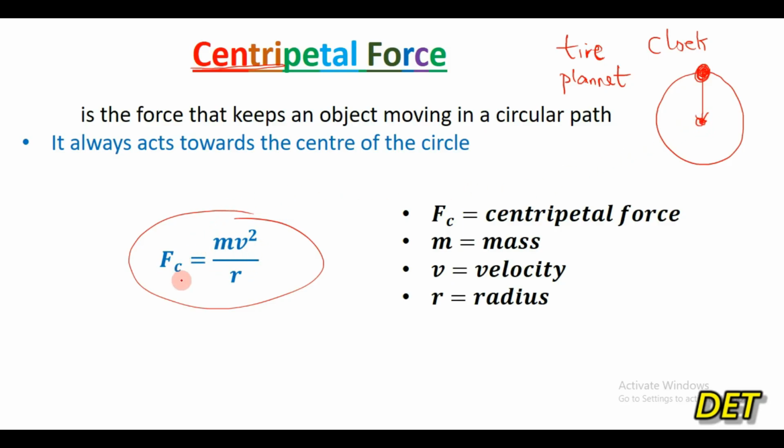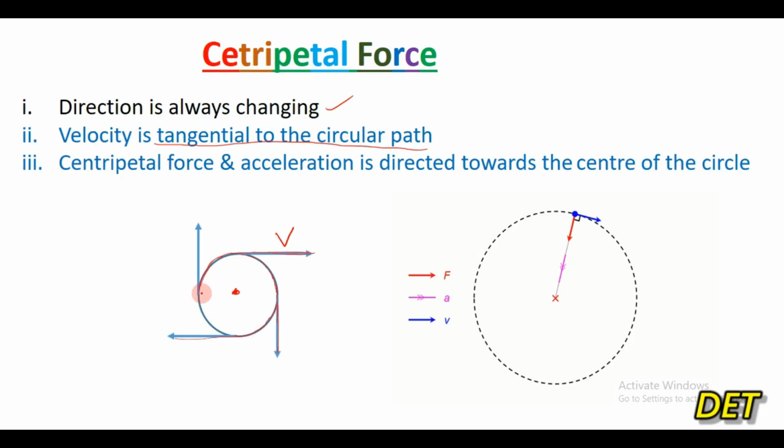So this is the formula for centripetal force. Fc is equal to mv squared all over r, where F is the centripetal force, m is the mass, v is the velocity, and r is the radius in this formula, right? And then we looked at these three important points: that the direction is always changing. The direction of an object undergoing a circular motion is always changing, and the velocity is tangential to the circular path.